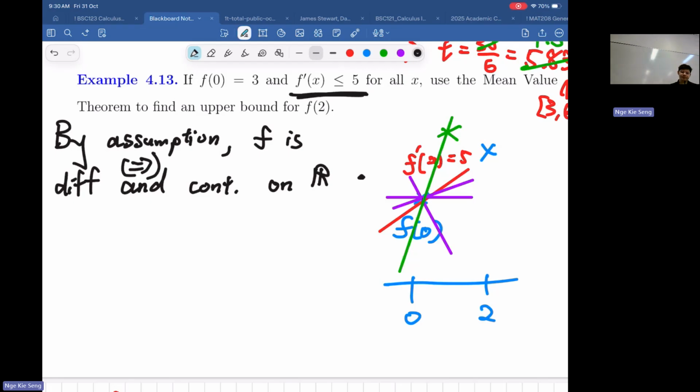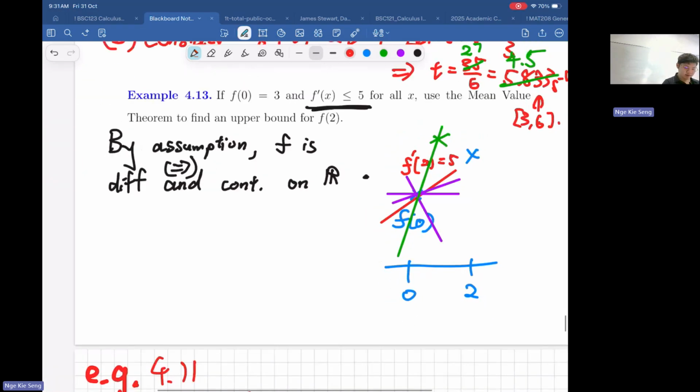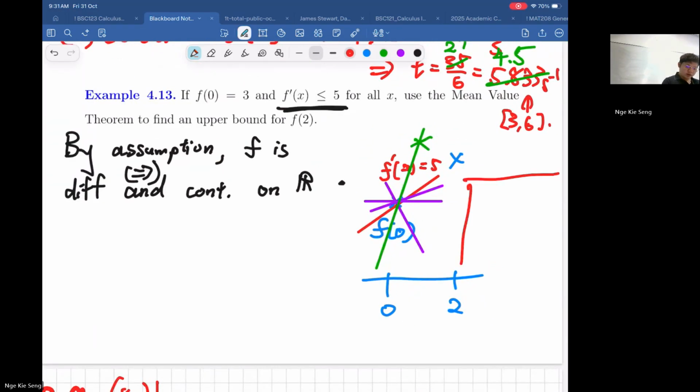So what should we do here? Let's do some little working. If we try to make a secant here, f2 minus f0 over 2, can we relate this gradient to some other derivative or not?